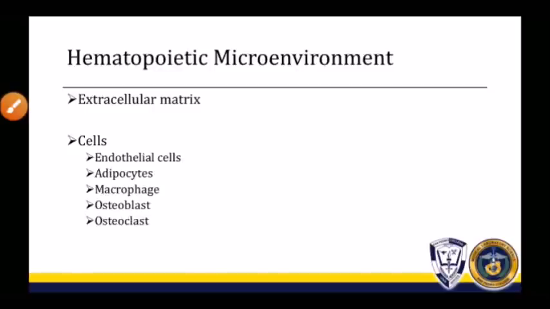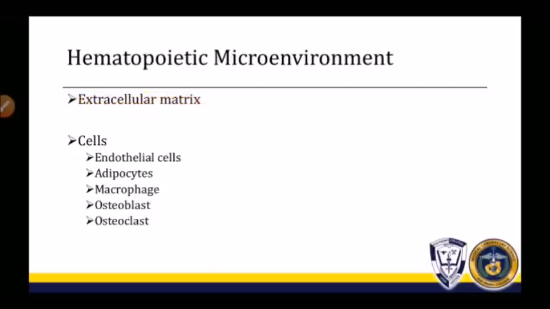The extracellular matrix of the bone marrow is a semi-fluid material containing proteins and carbohydrates, and the combination of both, or the proteoglycans. So, the extracellular matrix allows the hematopoietic cells to be anchored into the bone marrow.